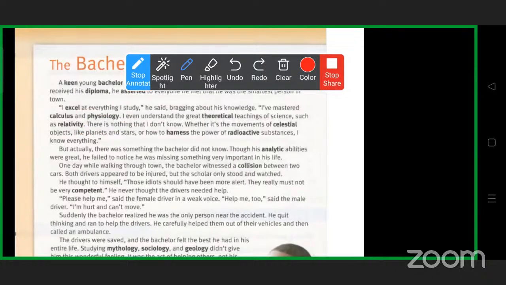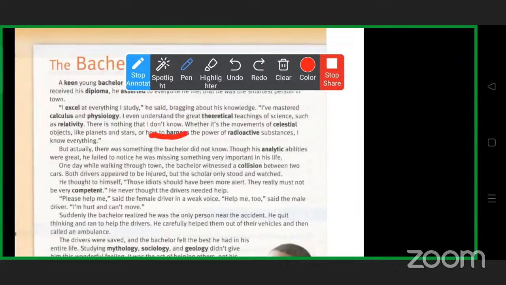I even understand the great theoretical teachings. Theoretical means which are not practical. Teaching of science, such as relativity. Relativity is a theory given by Albert Einstein.